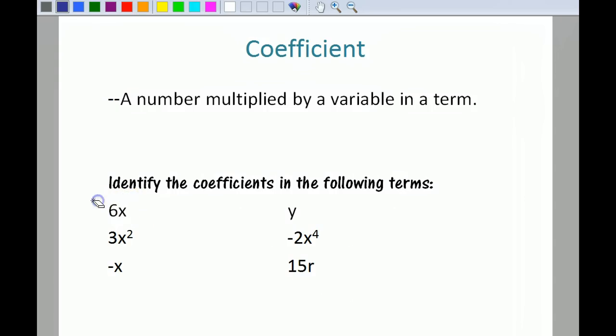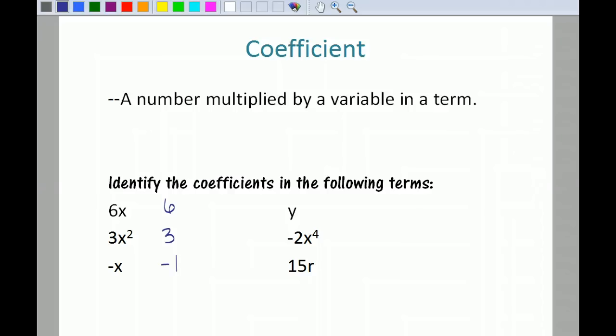So in 6x, the coefficient is 6. In 3x squared, the coefficient is 3. Now what about negative x? We have a number that's always in front of a variable, even if we can't see it. And in this case, the coefficient is negative 1.